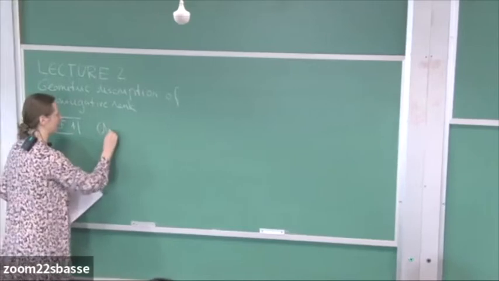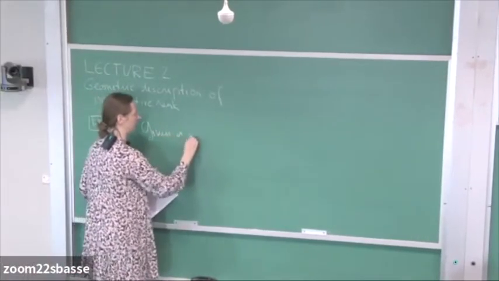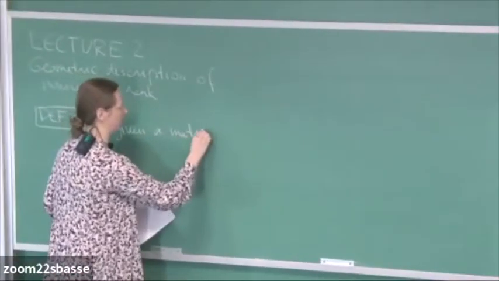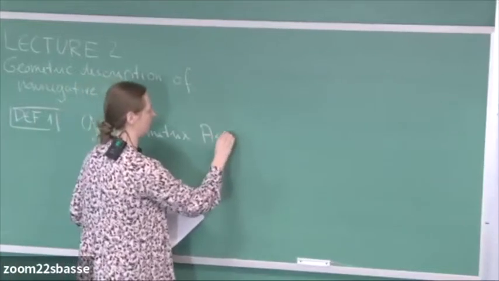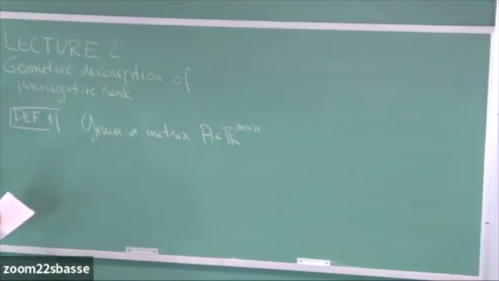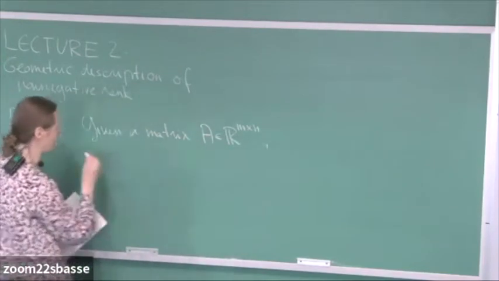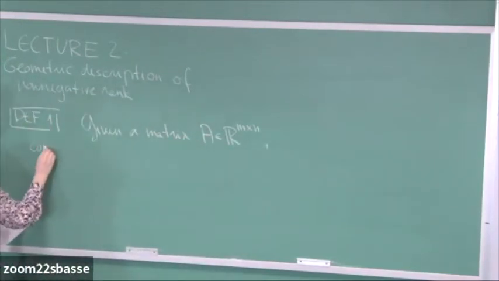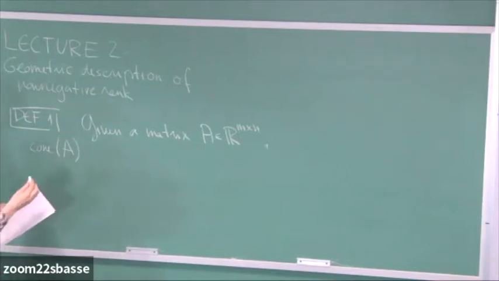So given a matrix A of size m times n with real entries, then cone A will be the finitely generated cone generated by the columns of A.